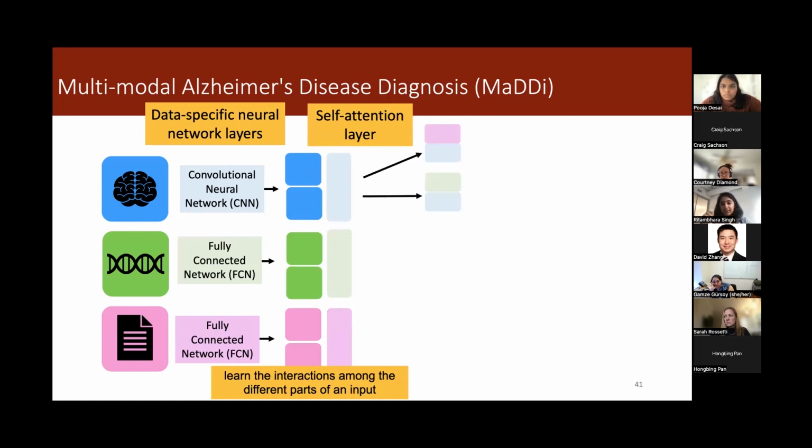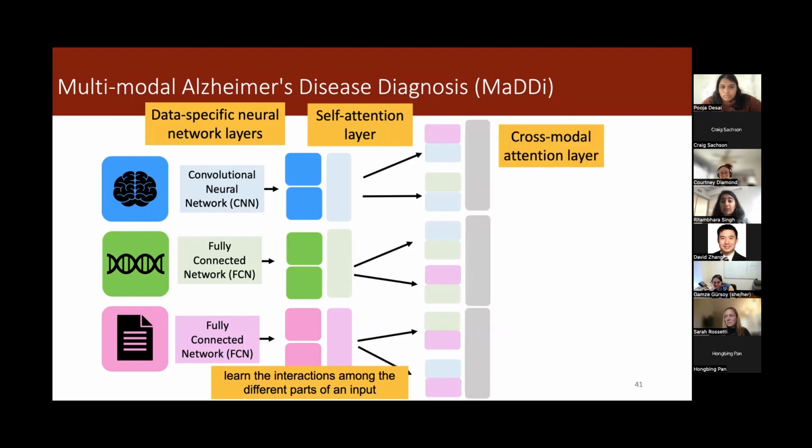And then once we have the output from this layer, for each modality, we model its pairwise interaction with the other two modalities. So for the image, we combine it with the genetic and the clinical, for the genetic with the image and the clinical, and for the clinical with the other two. And because now the model has to look at a lot of interactions at the same time, we apply this cross-modal attention layer, which allows the model to learn the most relevant interactions between different modalities.